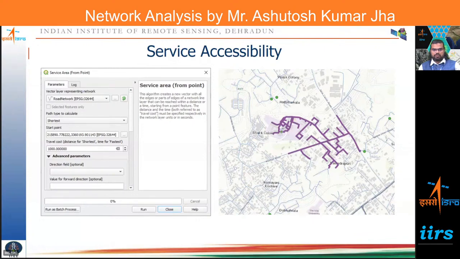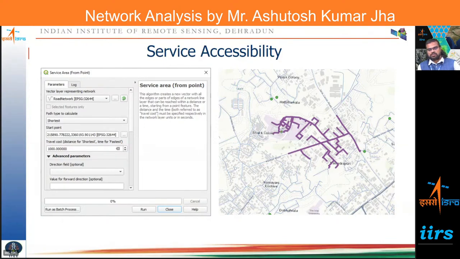Then there is also a possibility to find out the service area. In this case, you take one point and then look for what different segments of the road can be reached from that point. For example, here we can provide a distance of 1 kilometer which can be reached from one particular point.